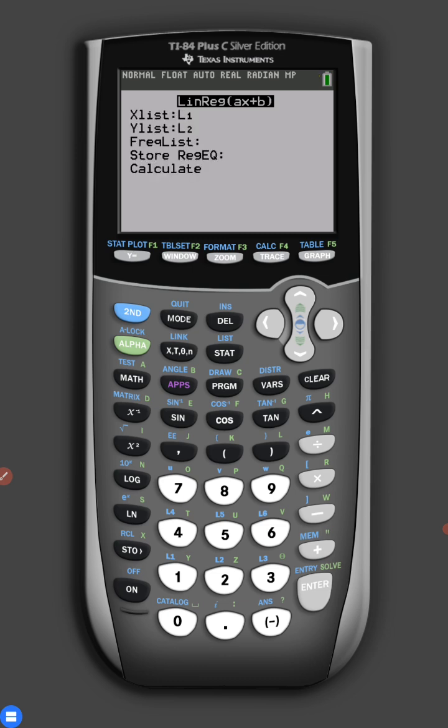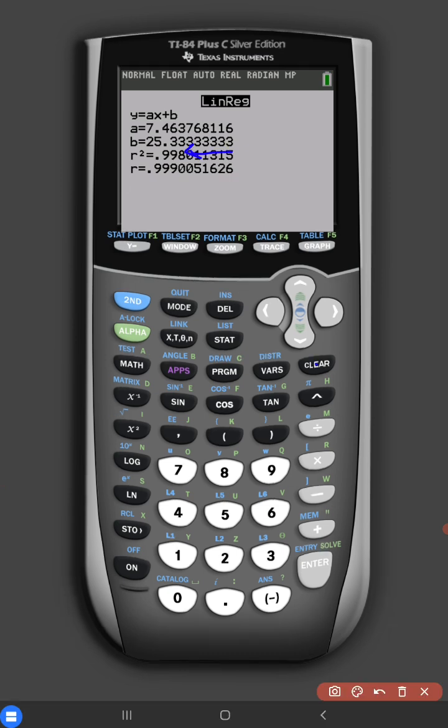The information on your screen should already be correct. It should already have your X value set to L1, your Y value set to L2. So we will scroll down to calculate. And it spits out a lot of information. We will later talk about what all of that means. But for right now, what you need is just the very last number that it gives you right here.